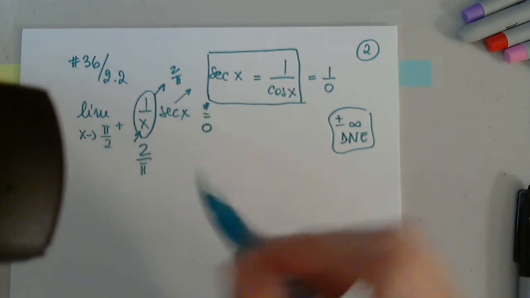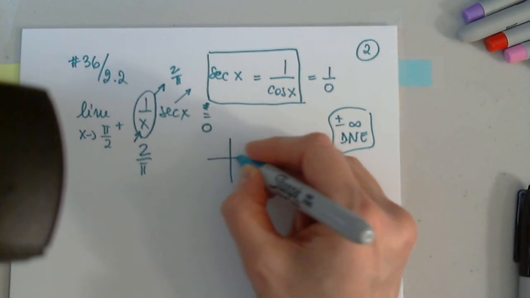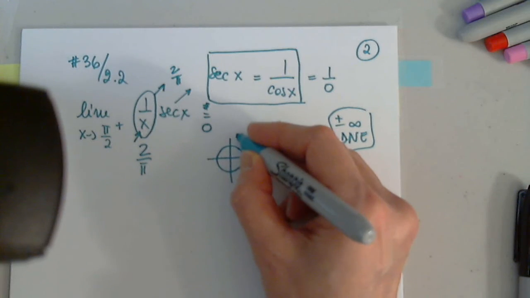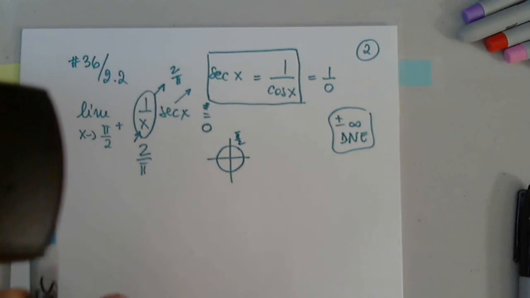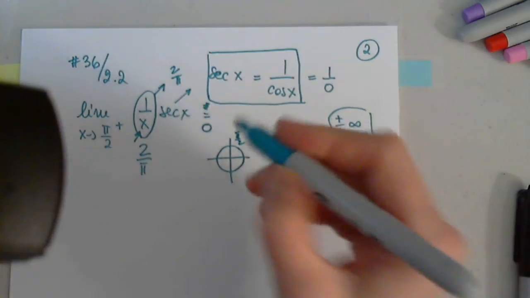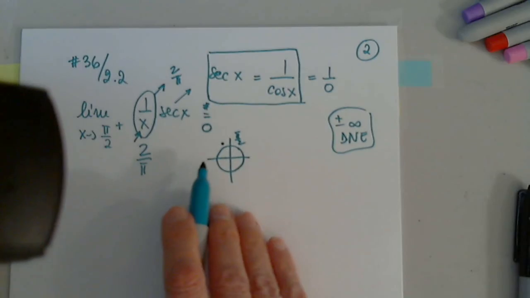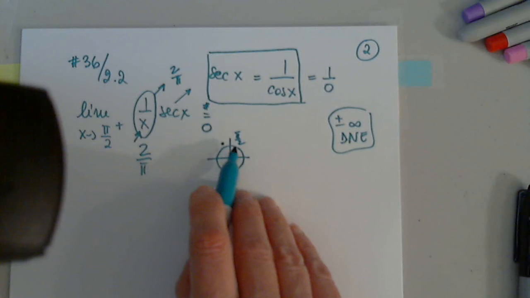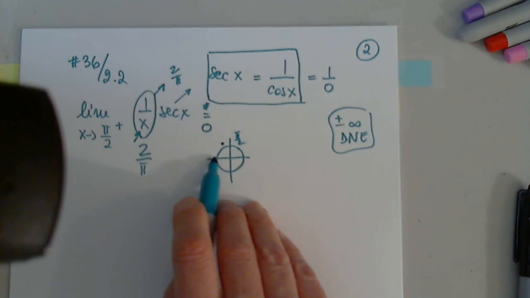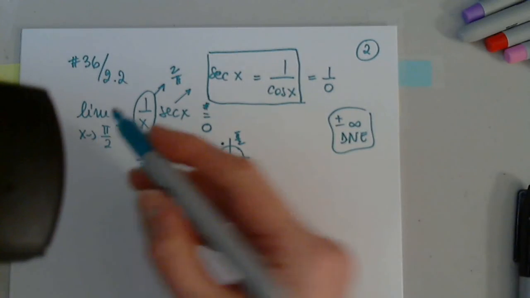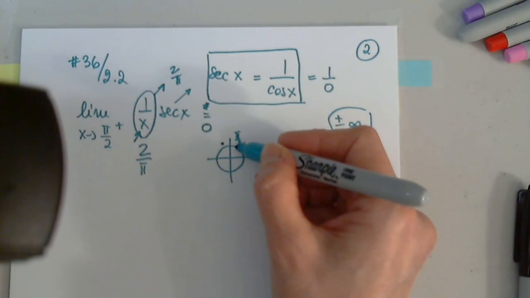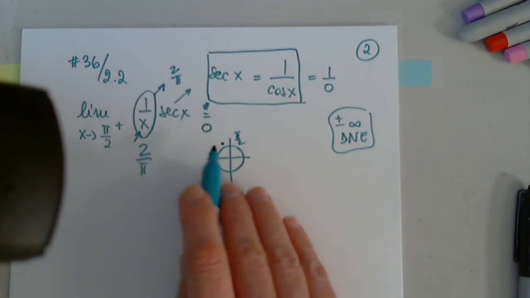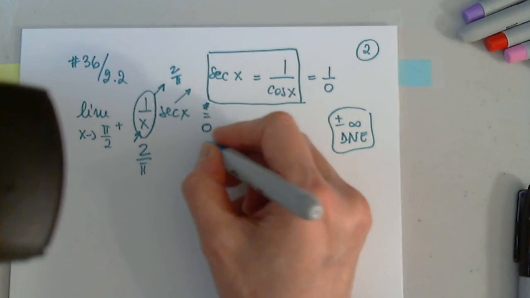So pi over 2 from the right. Let's take a look. So here's pi over 2. Pi over 2 from the right is an angle right here in the second quadrant. Pi over 2 plus means a higher number of radians than pi over 2. Pi over 2 minus would mean first quadrant, but pi over 2 with plus means the second quadrant.